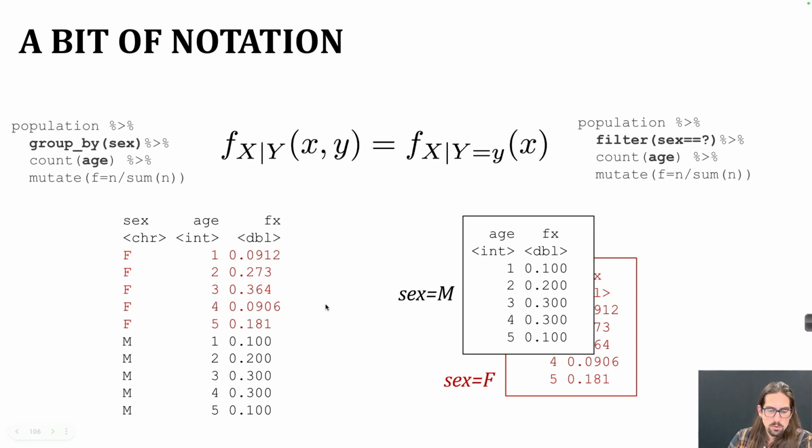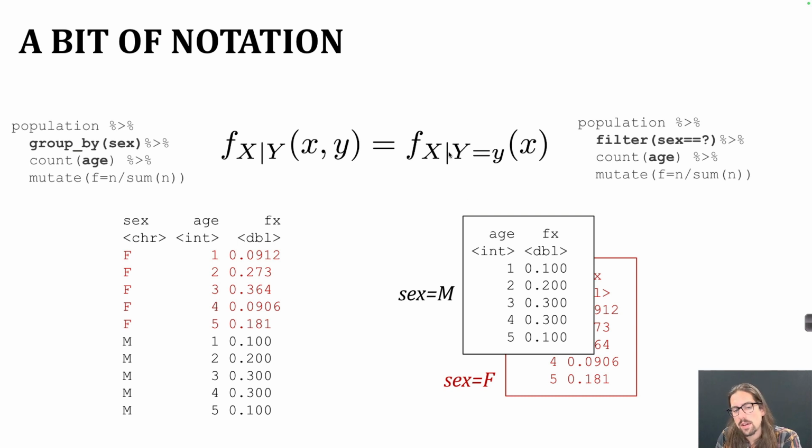But this total table is not a density. It's actually 2 densities, because these numbers don't all add up to 1, right? These numbers do, and these numbers do. And so what I'm showing you in this notation up here is that this notation refers to this table, and this notation refers to this table.